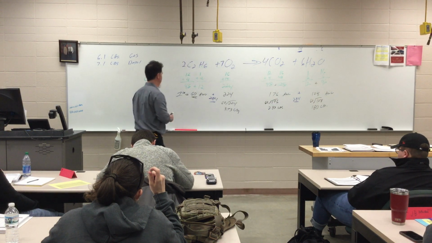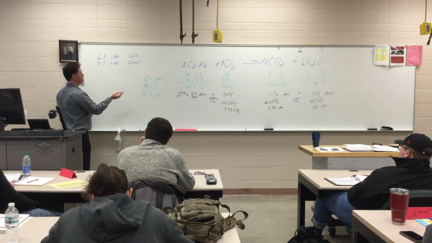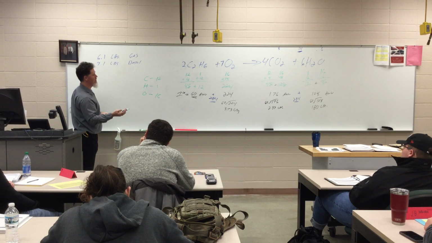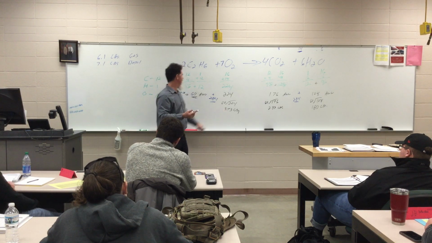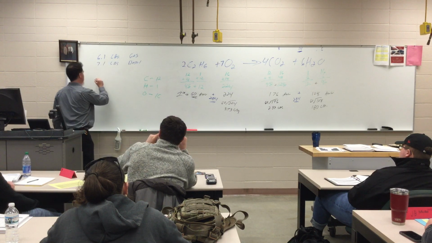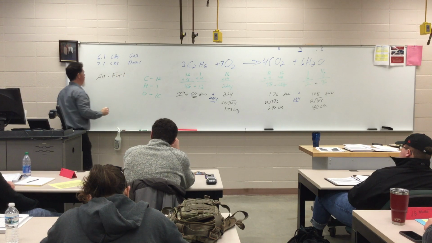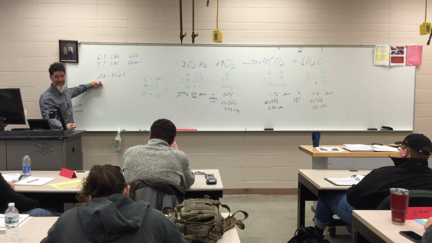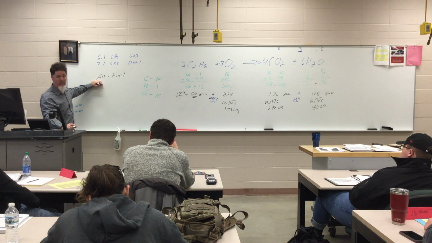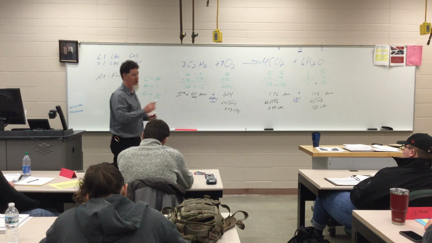Okay, so when I figure out my stoichiometric, we have a problem though, because my air-fuel ratio is air, not oxygen. And when the fuel burns in the air, it really only is consuming the oxygen.